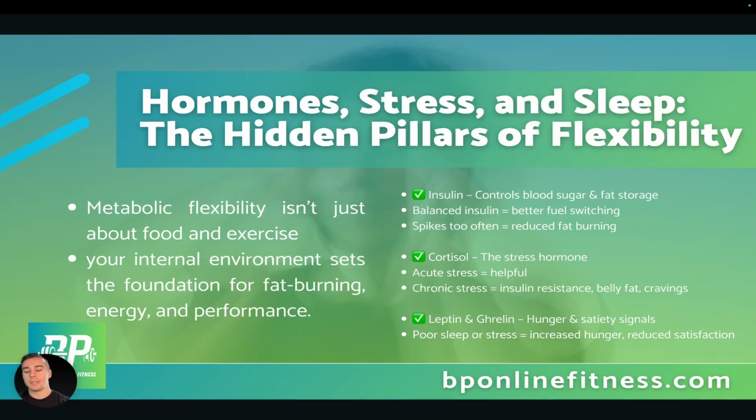So, cortisol again can increase if you're not getting enough sleep. This is usually when cortisol starts to increase, and stress can make it increase at the same time as well. So, make sure that you're prioritizing sleep as much as possible.